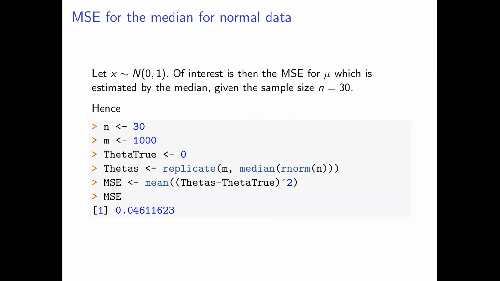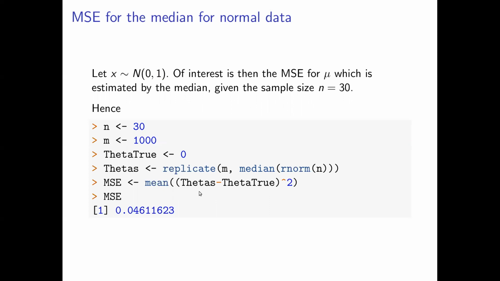So as a quick example, we have standard normally distributed values. We simulate therefore from the standard normal distribution, and we take the median of all those and wish to learn how well the median is performing as an estimator within 1,000 samples.